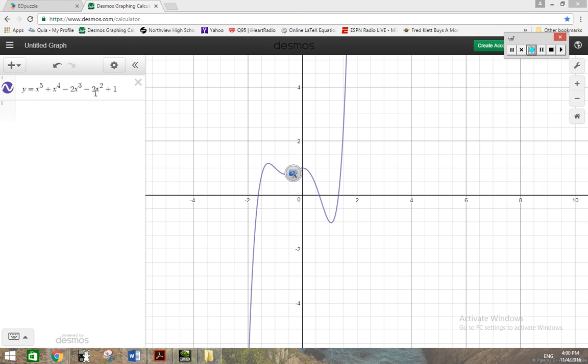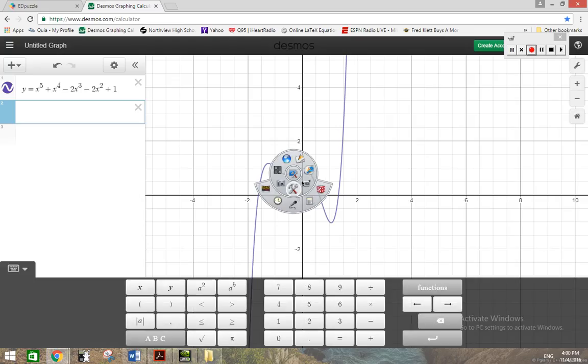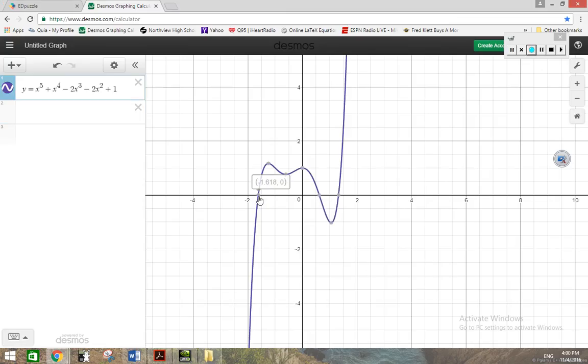Now remember, this is not the original function. This was the one that I was interested in, and I can see that it does have 3 zeros. But I can also see that x-coordinate, negative 1.618. I haven't yet figured out how to tell the calculator to round it to more than 3 decimals, but I believe that's an irrational number, because remember, we were expecting 1 and negative 1 if it was rational.